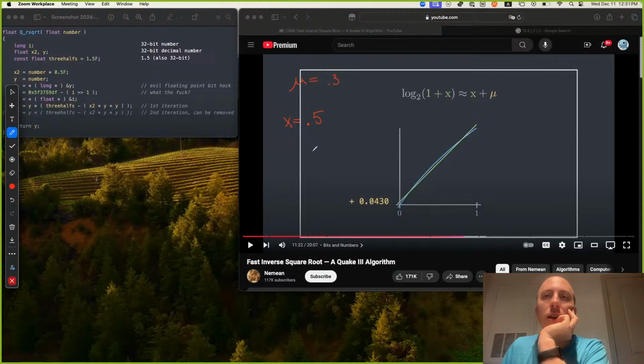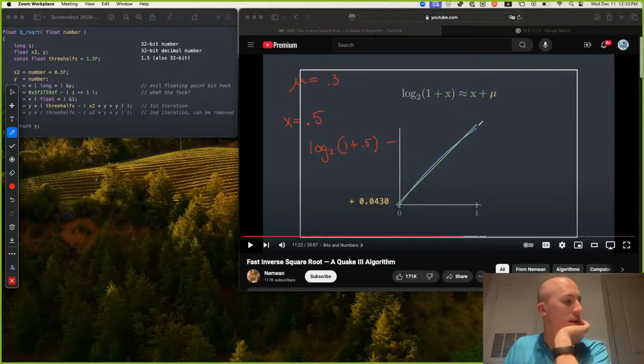Then we say, all right, log base 2 of 1 plus 0.5, basically minus... okay, so we're trying to choose the line. We're not just choosing y is equal to x, we're choosing y is equal to x plus mu.